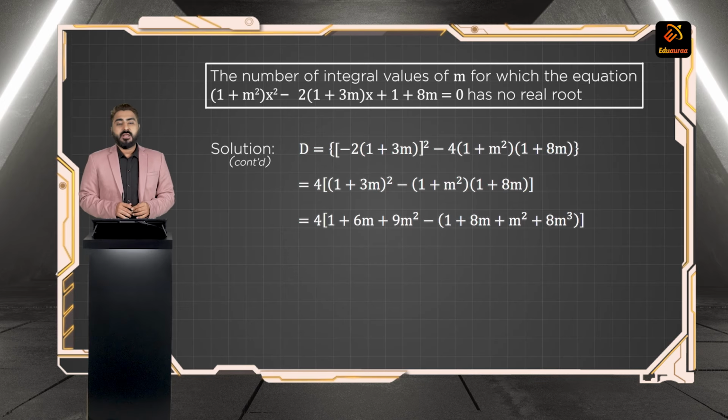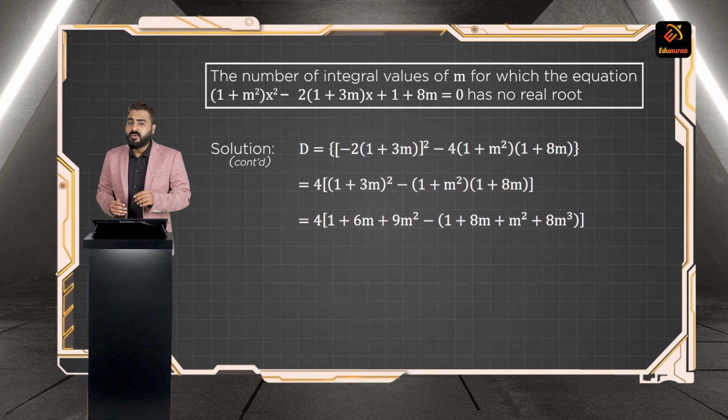When we multiply using the distributive law, we get minus, in brackets, 1 + 8m + m² + 8m³.